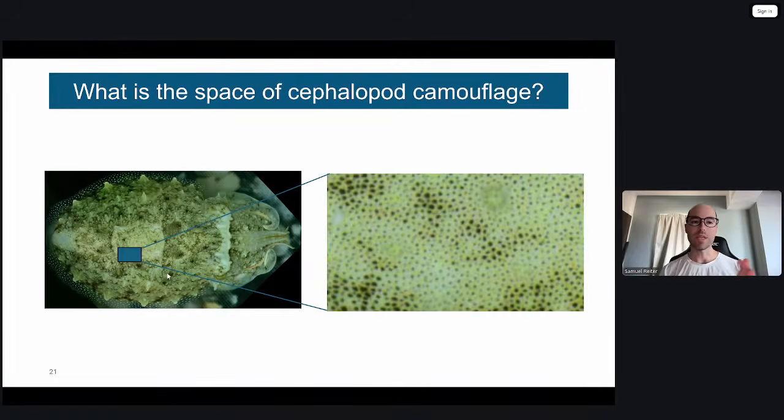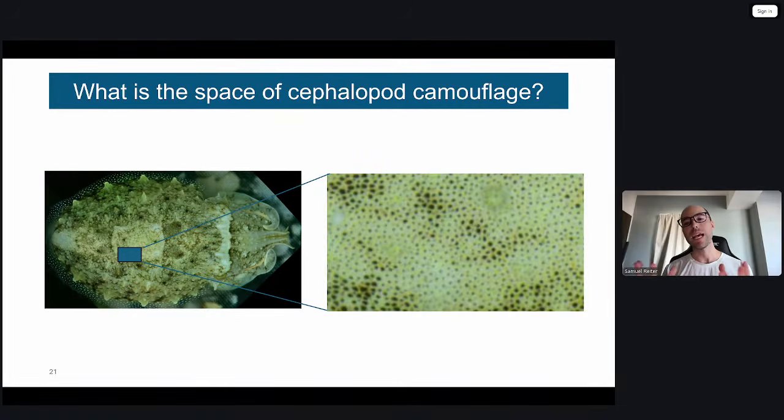One is the image of the camouflaging animal in full, and the second one is zooming in and seeing a large population of chromatophores that compose the camouflage. So we did different sorts of analyses for these two different kinds of images that we captured at the same time. So now I'll tell you first about the whole animal camouflage and a little later about our single chromatophore measurements.